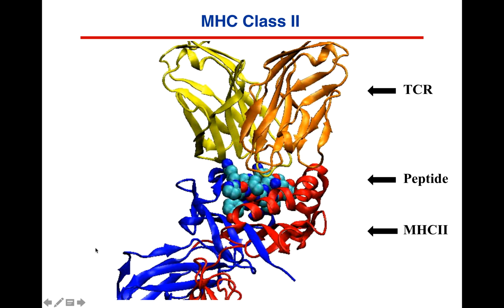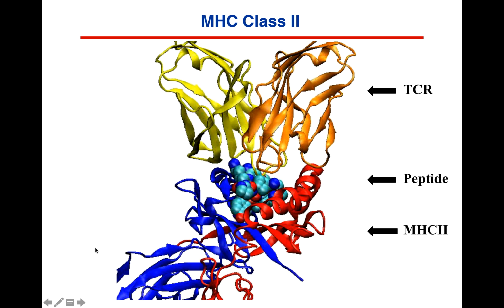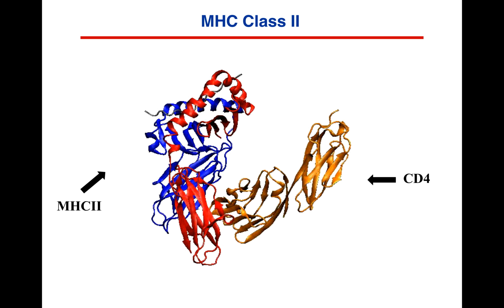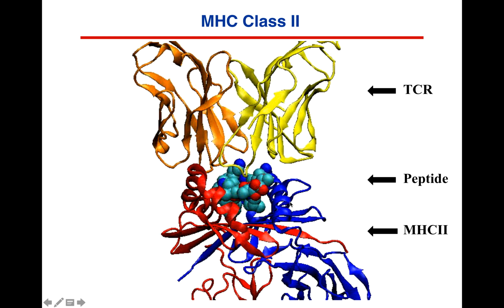And so these central loops, as well, I'll just let this go here, stop it here. Okay. We look here, we can see this loop, this yellow loop is touching the peptide. And so it's touching that peptide.